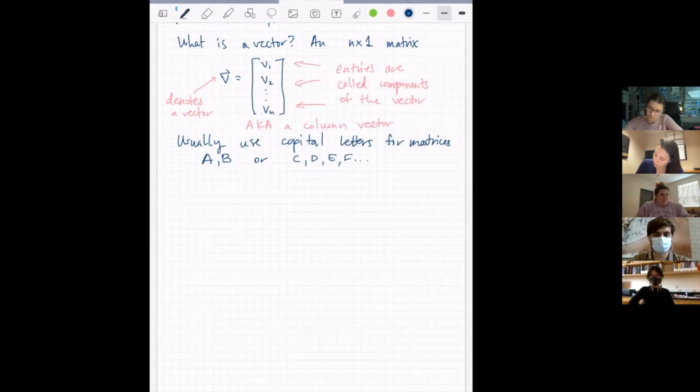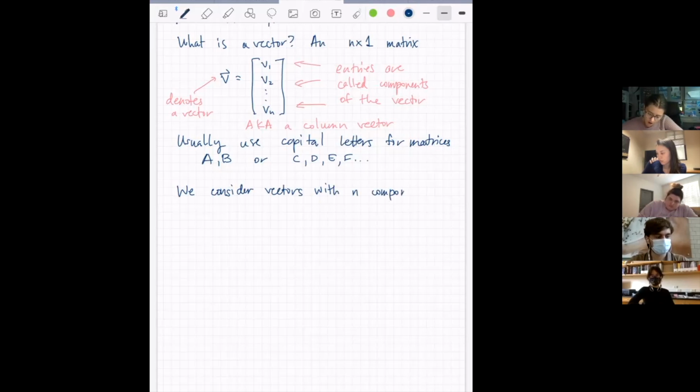So we consider a vector with n components to be elements of Rn.